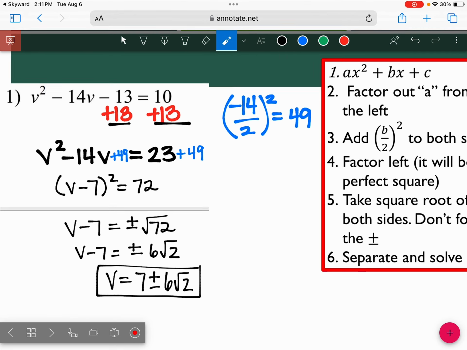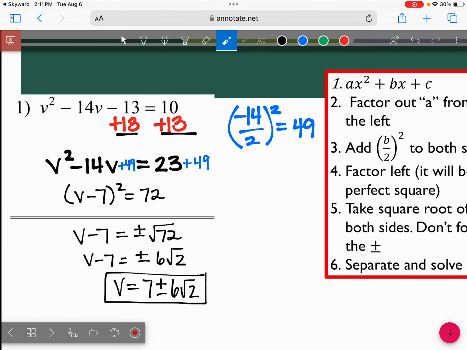The first step is to add the 13, which gives you 23. Then we take this number, divide it by 2 and square it, which gives us 49. So I added 49 on this side and on the right side. When you factor this down, you get v minus 7 squared equals 72.